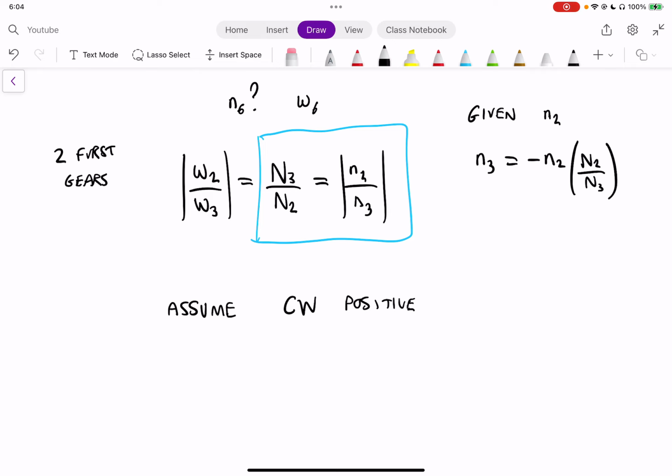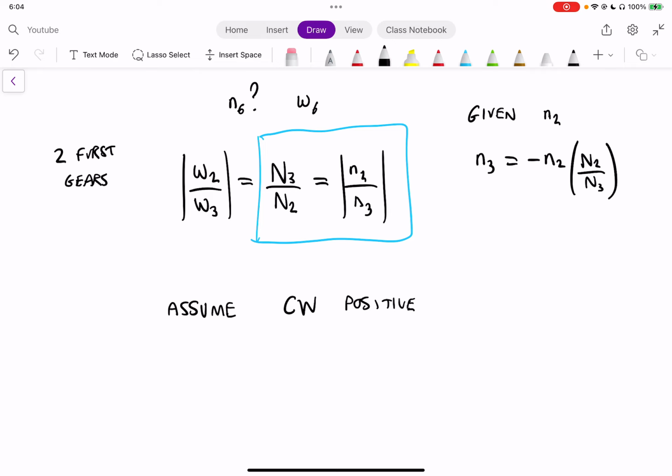From there, we can write a similar equation between n4 and n3, which are related together. So n4 is equal to minus n3 times N3 over N4.